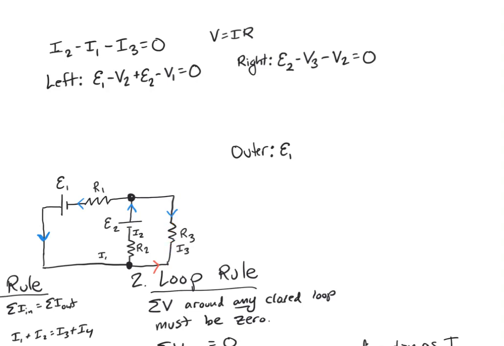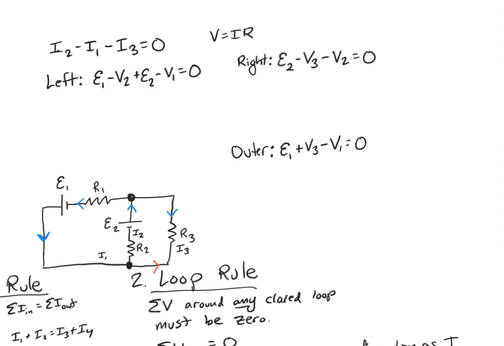I said that my current is going this way, and I'm crossing this way. So I'm actually going from the low potential side to the high potential side, and so that means I need to add V3. And then I continue this way, and now I'm going in the correct direction with my current, and so I subtract V1, and that gives me 0.